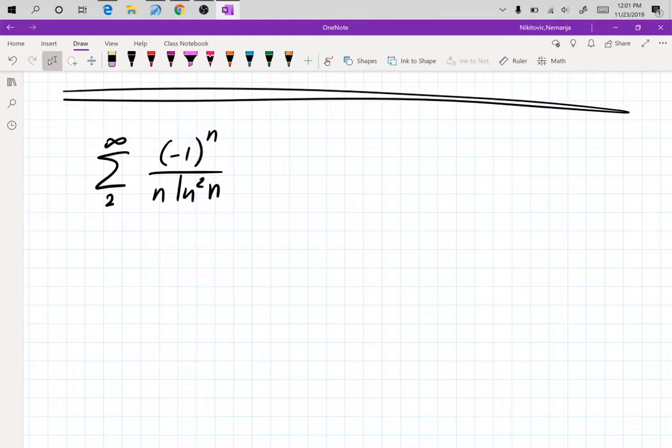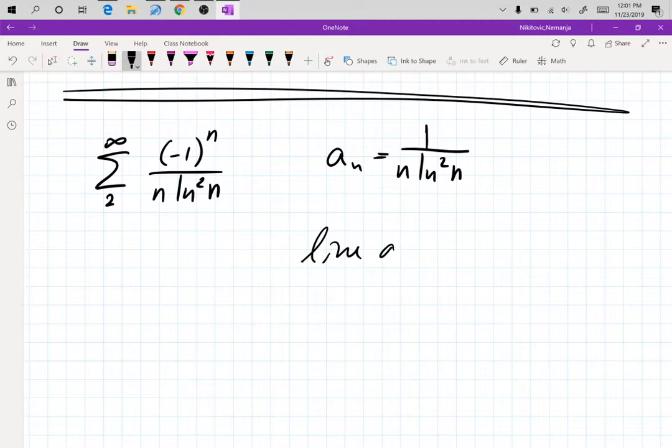The next order of business is for us to show that a_n, which is given as 1 over n ln squared n, has the two properties. The limit of a_n needs to be equal to 0, and we know it is because you have 1 divided by infinity.